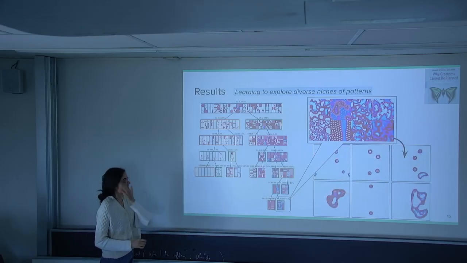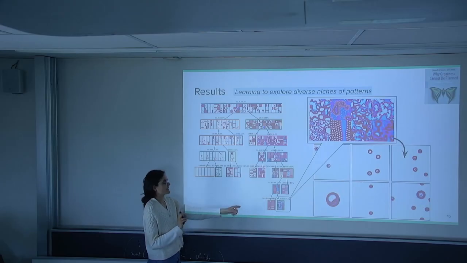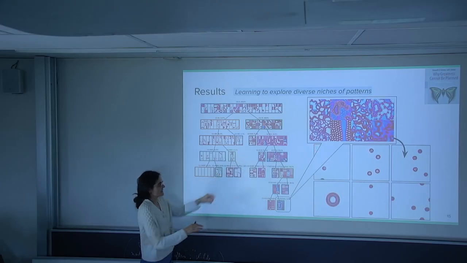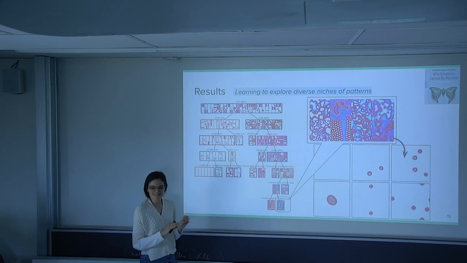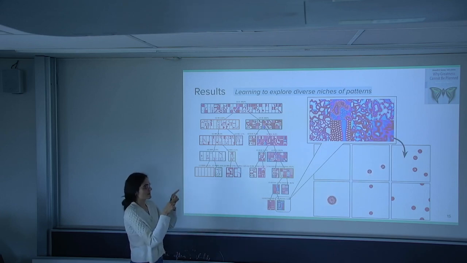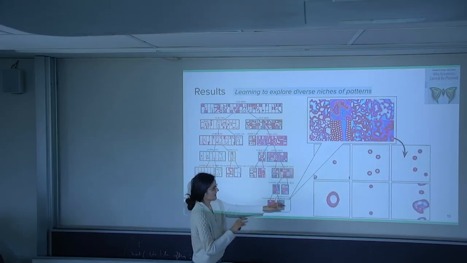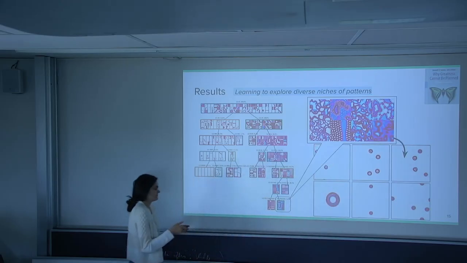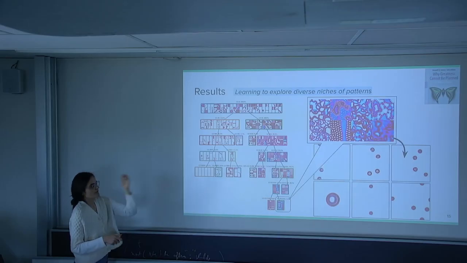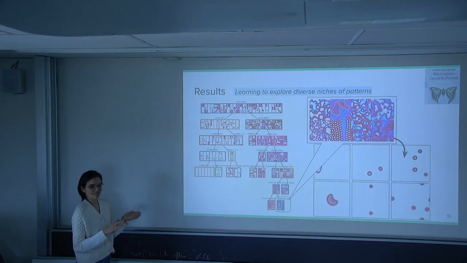But what was even more interesting is that they came out of an unexpected niche of patterns, where the exploration algorithm originally discovered this wavy kind of soup patterns, and by learning to characterize those patterns and then seeking variation in there, it then discovered this kind of soup that was propelling the Lenia creature. So yeah, it was just an interesting example of one of the main arguments in open-endedness, that sometimes great things come from unexpected paths.